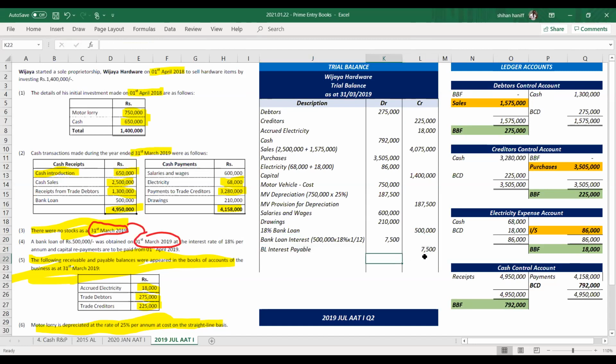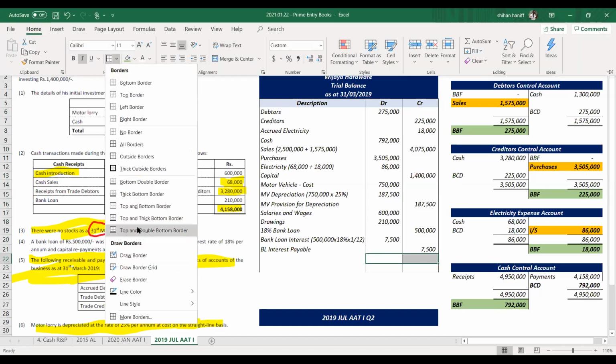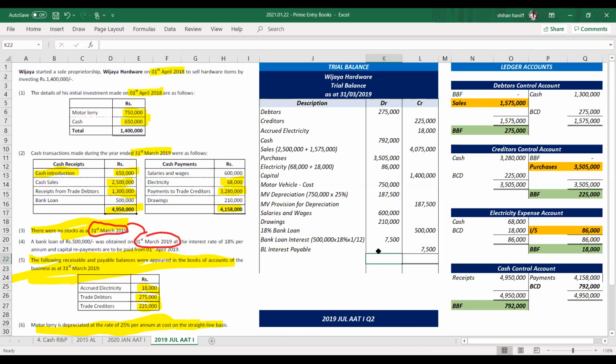Still, it has not been paid. If we balance this, $6,413.